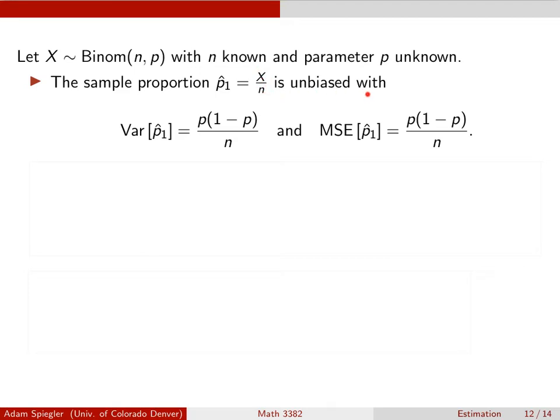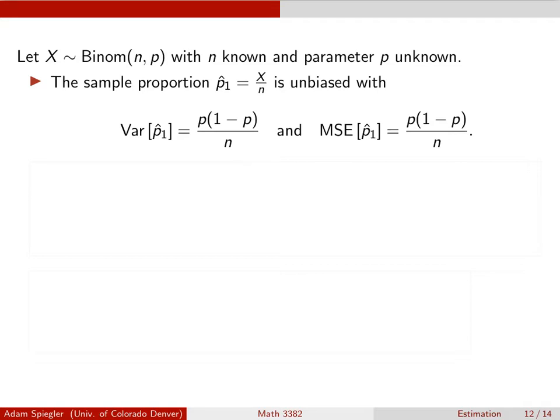And this is unbiased. We can calculate the expected value of this, and we can show that when we take the expected value of X over n, we get back p. So that's an unbiased estimator. We've also looked at the variance of this, which would basically be the standard error of a sampling distribution squared.